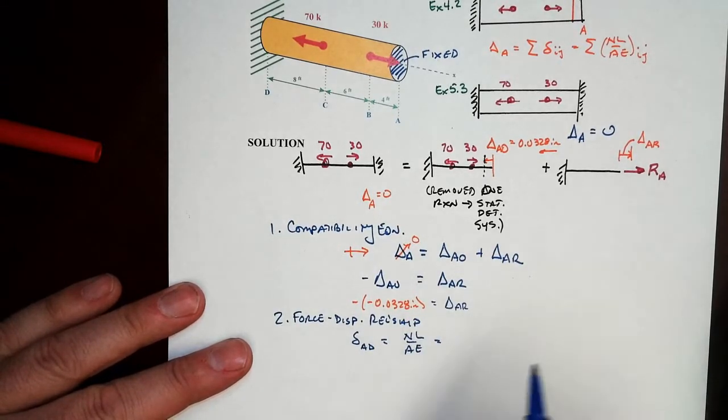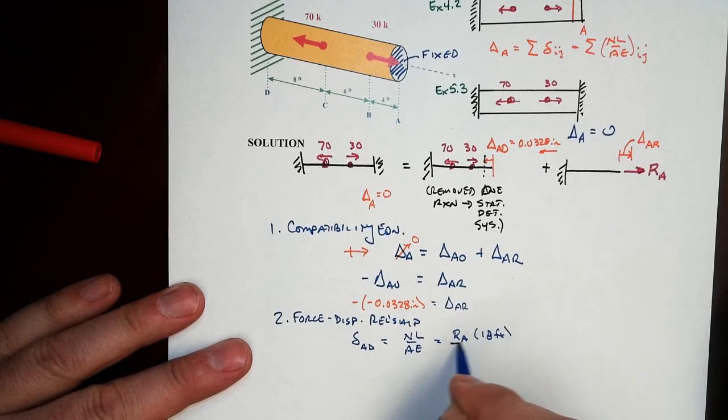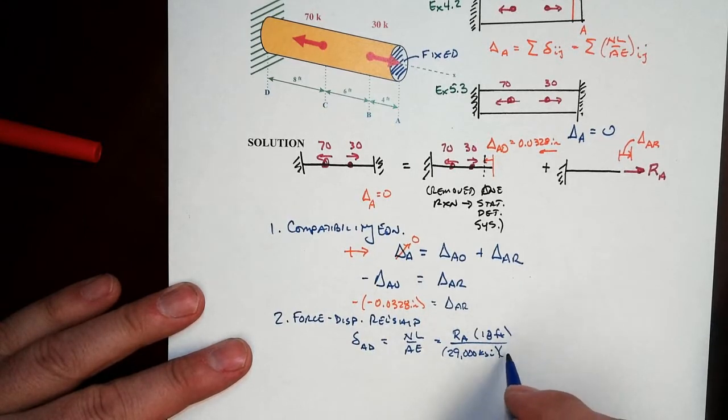And that axial force then would be RA, and our length would be 18 feet, and we've got the E of 29,000 KSI, and oops, I did this in reverse order, but so be it. And then we have, of course, pi r squared.